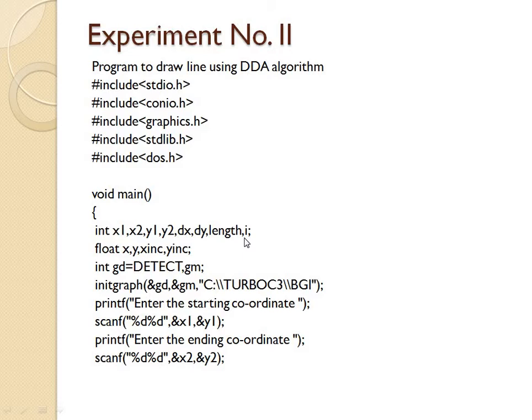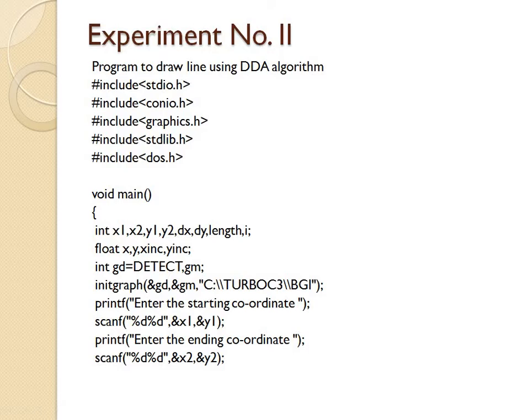Then after that, there are floating values. If we enter floating point values, then by using the float data type we can generate the lines in our output. Then we initialize the graphics driver, that is gd is equal to DETECT, then gm, that is the graphics mode.